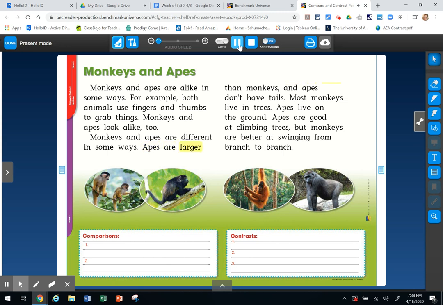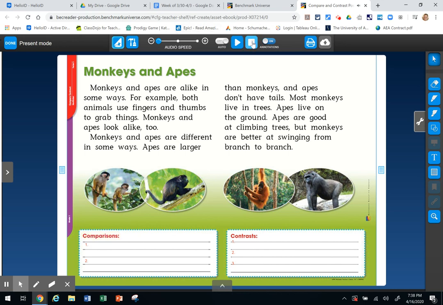Apes are larger than monkeys, and apes don't have tails. Most monkeys live in trees. Apes live on the ground. Apes are good at climbing trees, but monkeys are better at swinging from branch to branch.